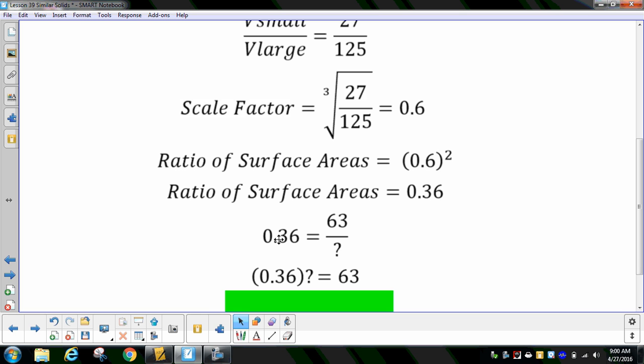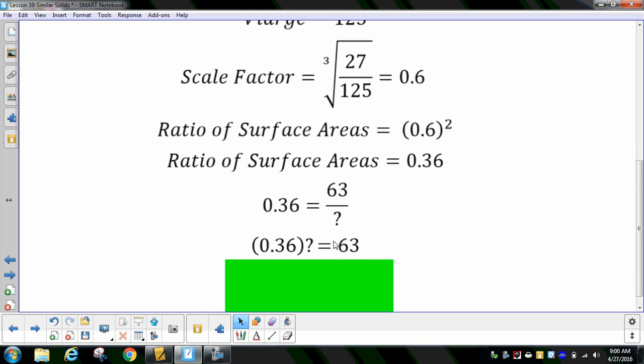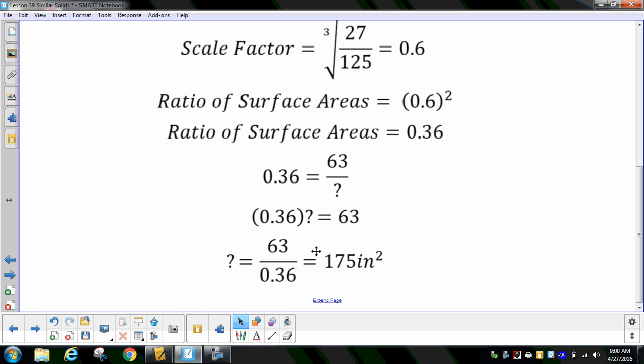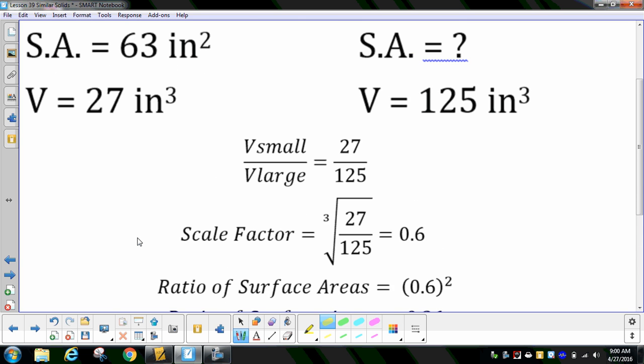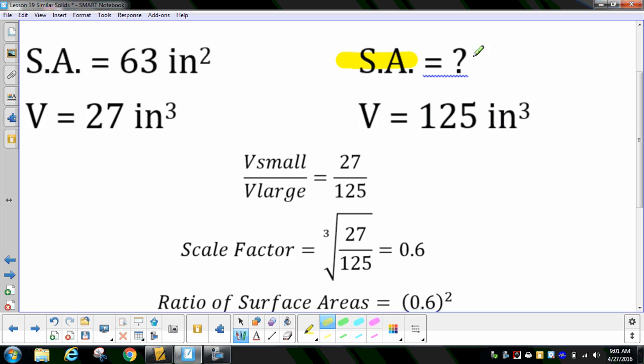The ratio of surface areas, 63 over question mark. Since I've been doing small over large, that's what I need to continue doing. I'll solve for question mark, and I get that the small surface area is 175 inches squared. And we wanted it to be bigger since that's the bigger figure, so it makes sense.